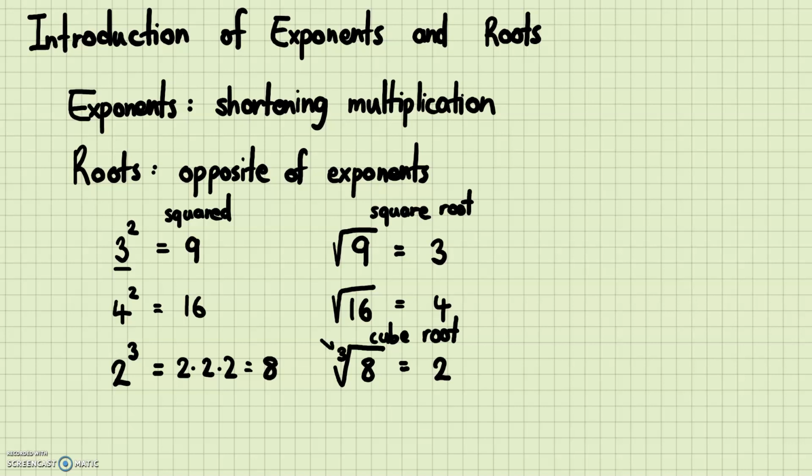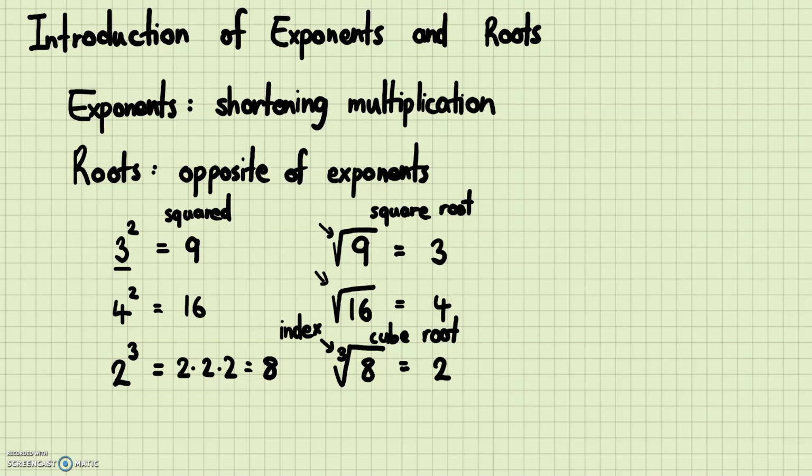And as you can see, there's a number 3 here. When there's no number, like in our first two cases, it means it's a square root. It's the opposite of squares. And for roots with higher numbers, they're going to have some kind of number in here. And this number is called the index.